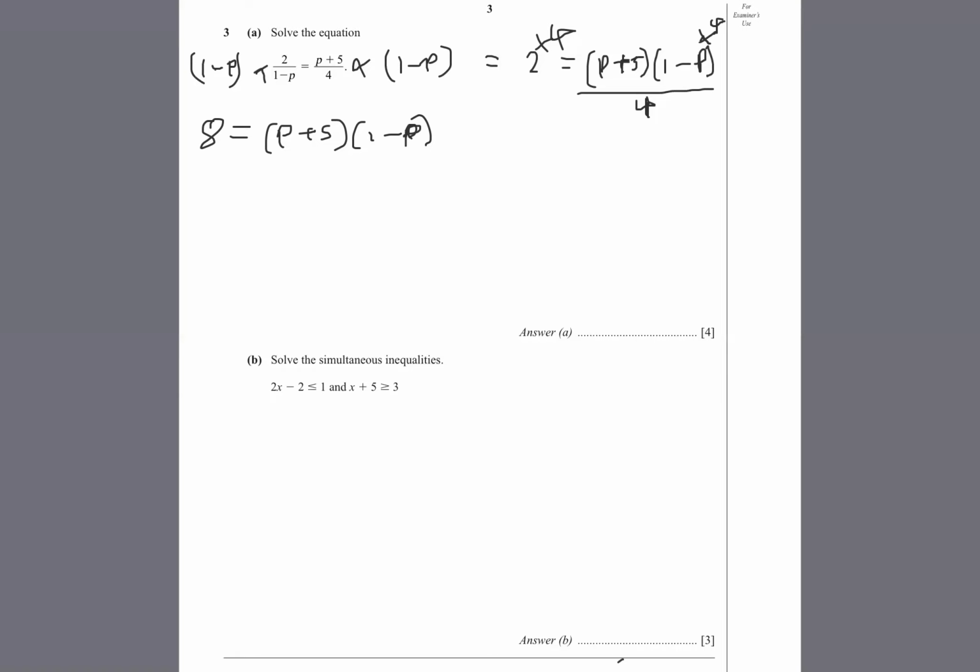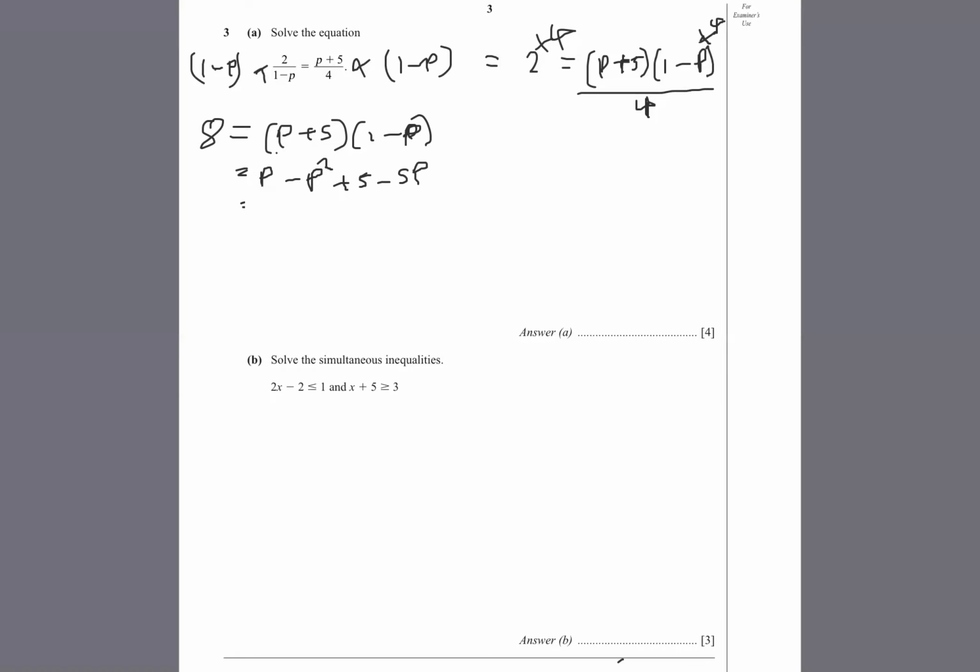So we need to open the brackets. 1 times p, we have p. P times p, we have minus p squared. 5 times 1, we have plus 5. This one gives us minus 5p.